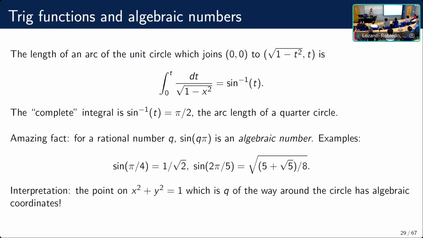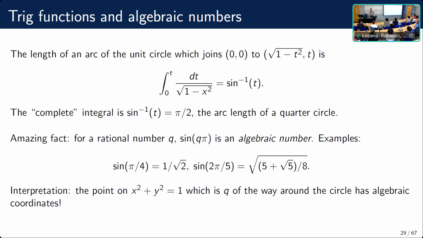So here's an amazing fact, although if you think about it long enough, it's not that amazing. If I naively define sine, here's this integral, and the integral is some function. Then take the inverse of that function. That's what sine is.